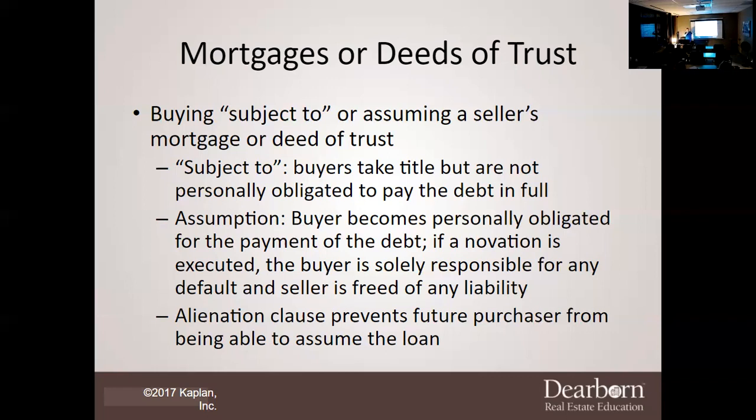So if there's an alienation clause and Mr. Eugene, you want to transfer your mortgage to your son so that I can pick up the payments and start taking it, well, if there's an alienation clause, I can't take it. I cannot legally take it because it prevents me from actually having ownership. Okay?